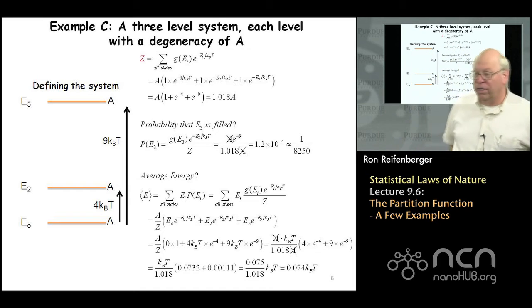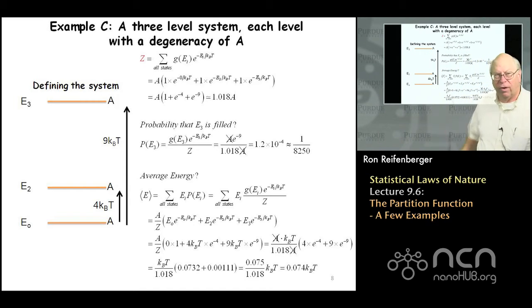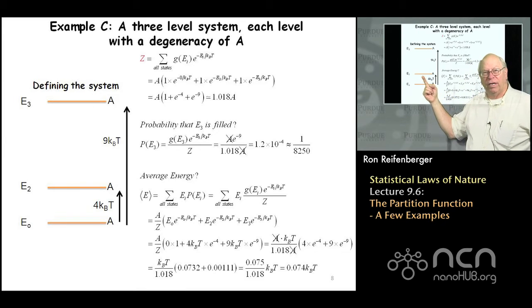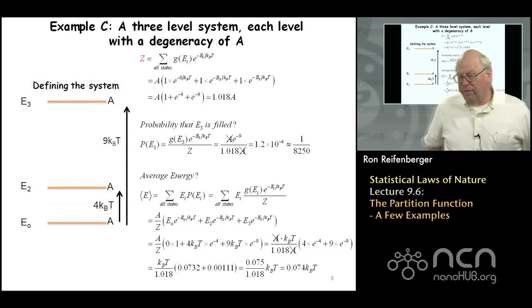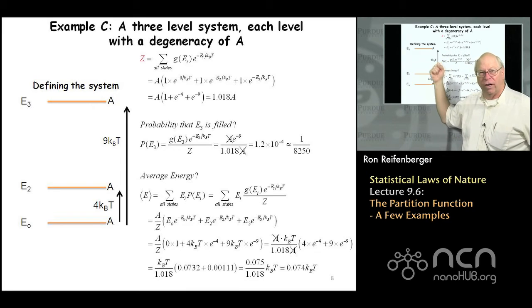And what I want to do is answer 2 questions. First question I want to answer is, what's the probability that I would find a particle in this energy level E2? And the second question is, if I measure thousands of particles that have been distributed into this system, what's the average energy of the particle that I'm going to measure?